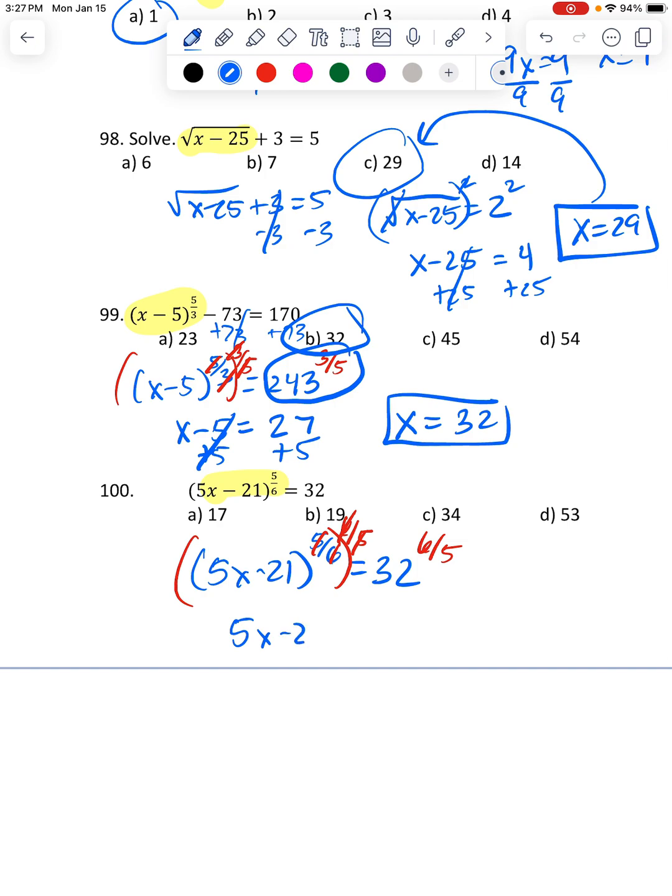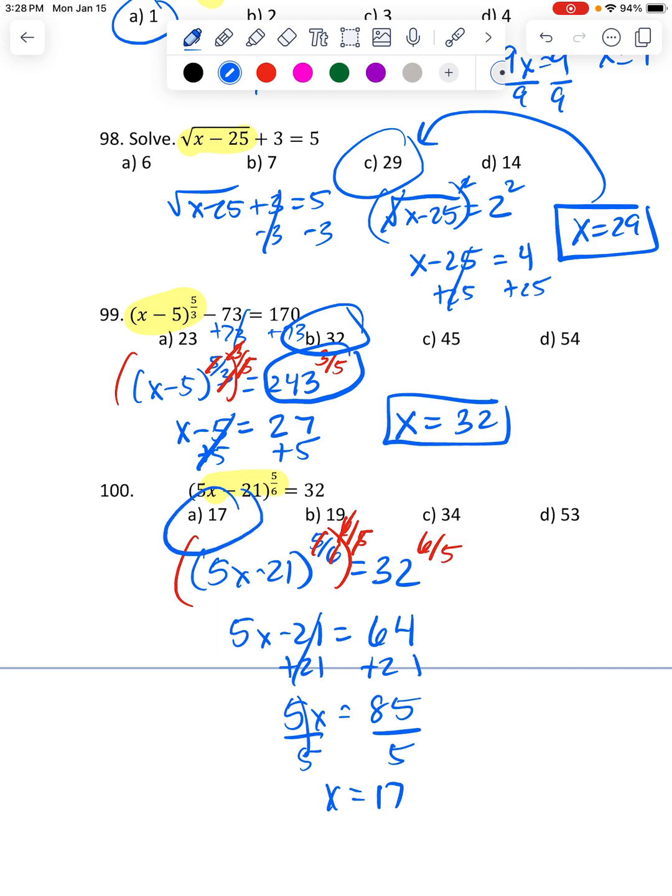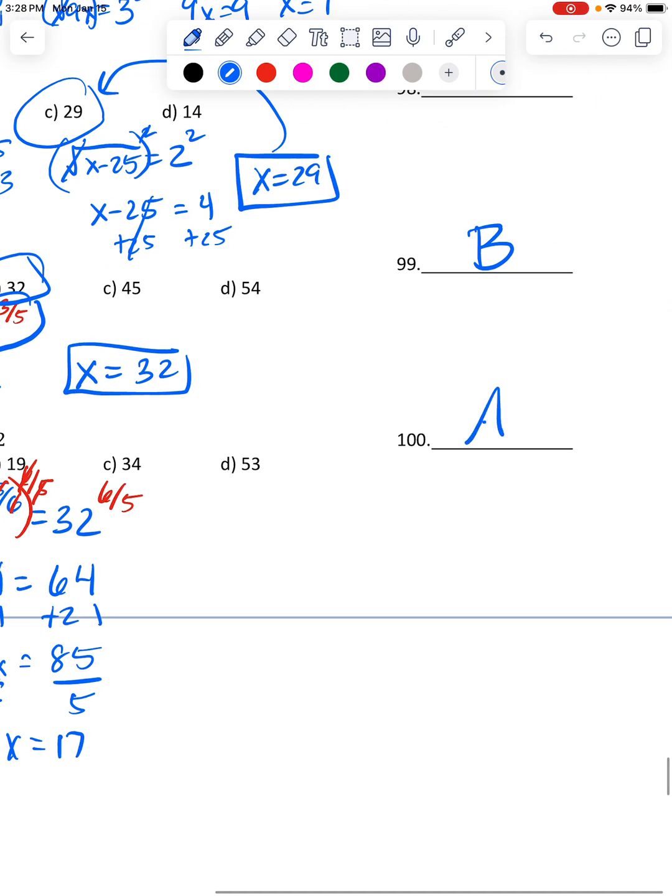So 5x minus 21, and then I'm going to do 32 to the 6/5 either on my card or my calculator, and I'm going to get 64. And then it's algebra 1, add 21 to both sides, and then divide by 5. And when I do that, I get 17, which is A.